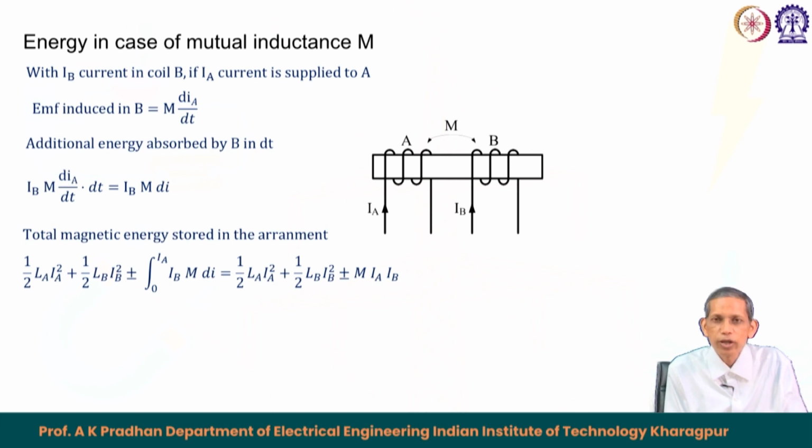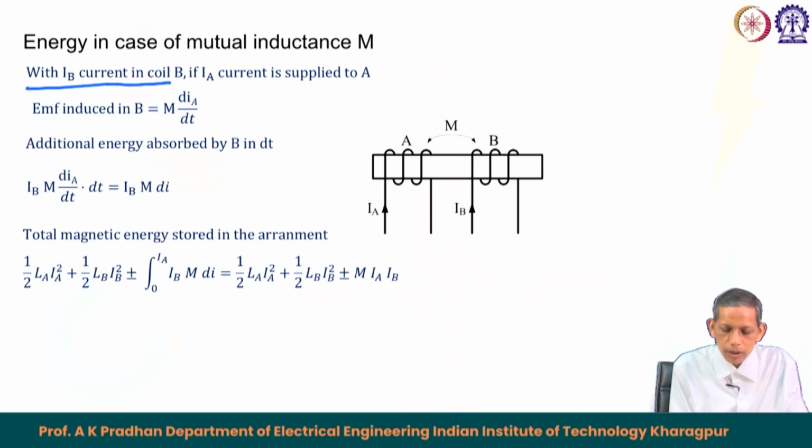Energy in the case of mutual inductance, like self inductance where we found half L i square. So, let us consider two coils adjacent to each other on a core, and a current flowing here. Current I B in coil B, if current I A is supplied to A now.